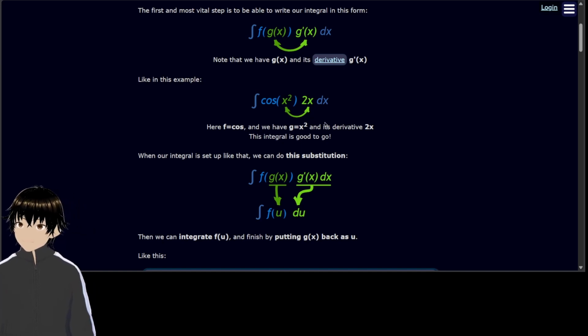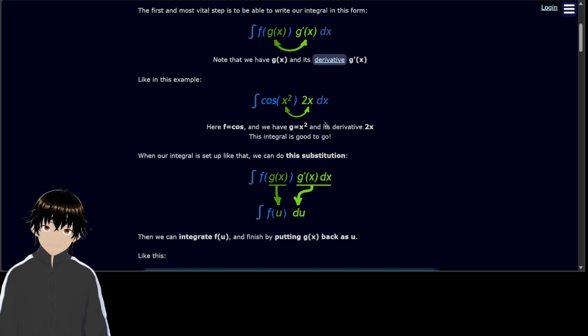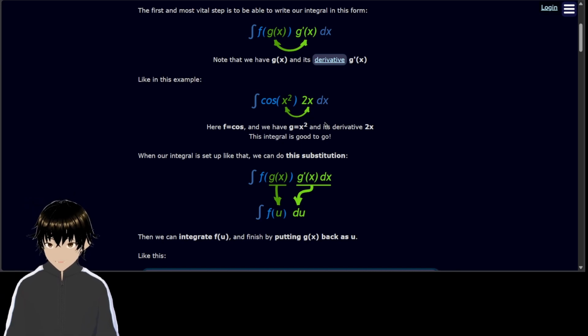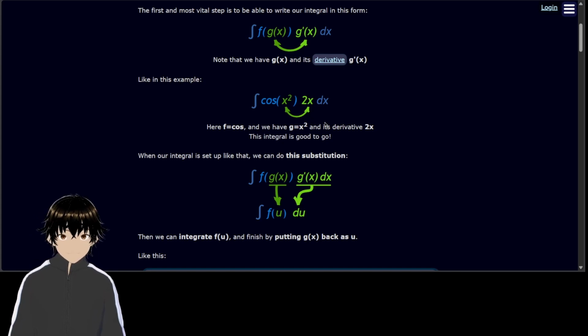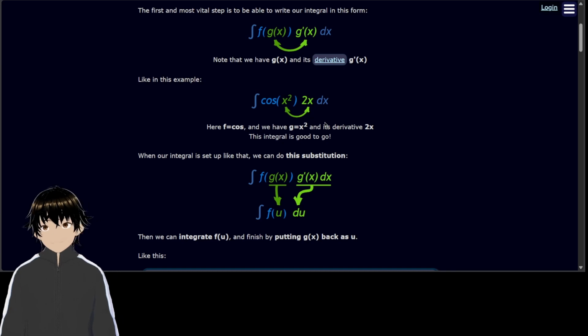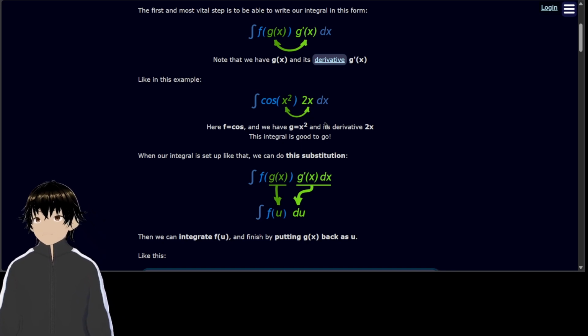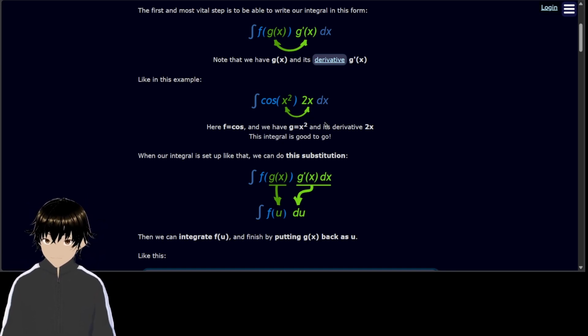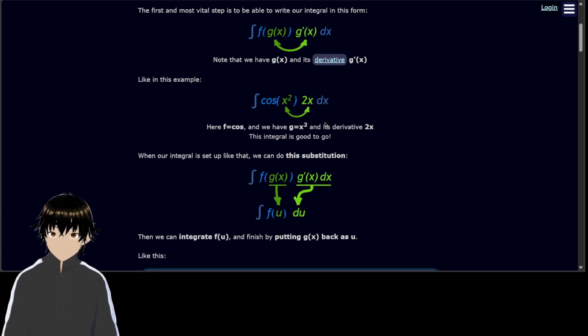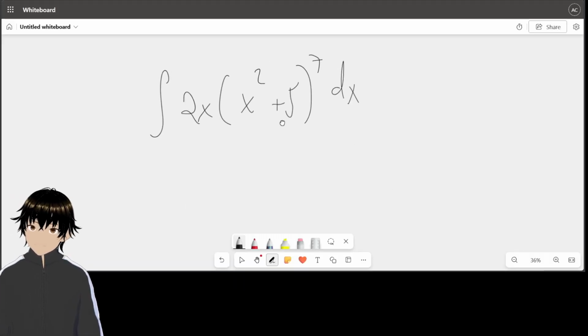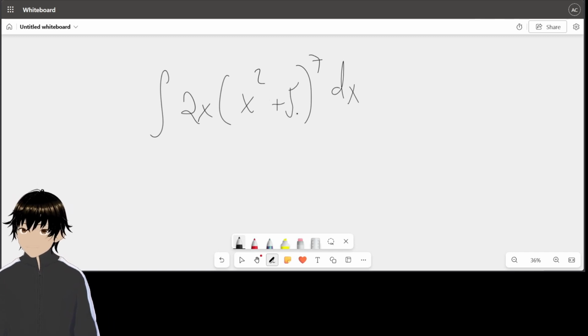Right, so we have cosine of x squared. Cosine of x squared. That's x squared dx minus dx. Okay, so you gotta get the derivative first.